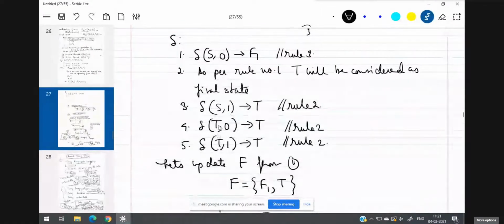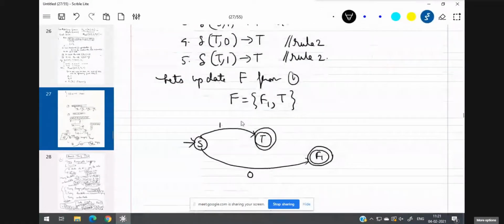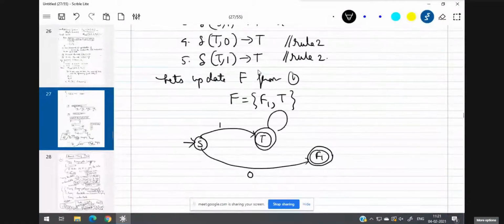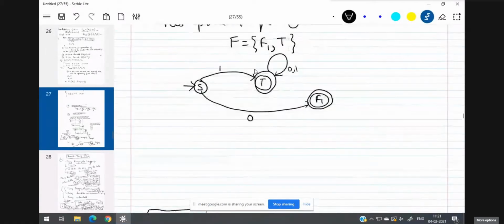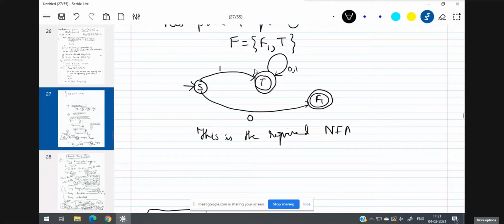The next one is T with input 0 going to T, and T with input 1 going to T. So this will be 0 comma 1. So this is the required NFA for the given regular grammar.